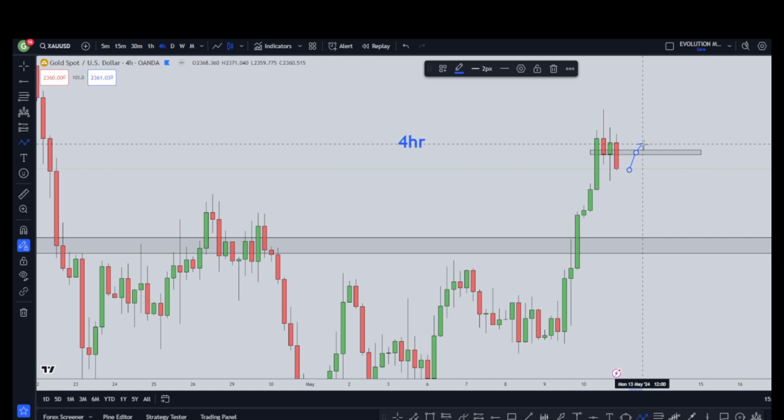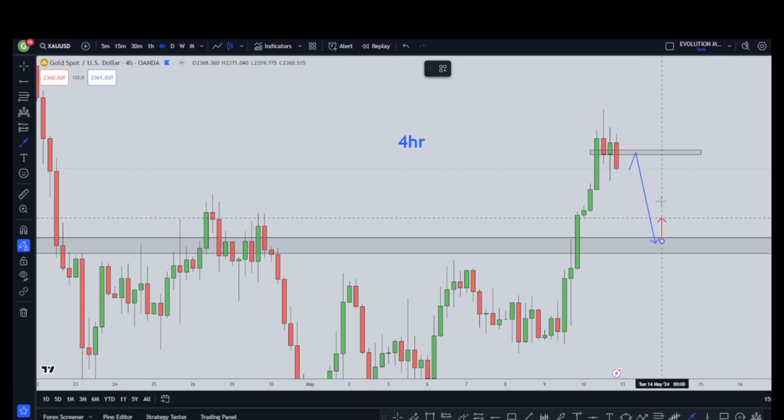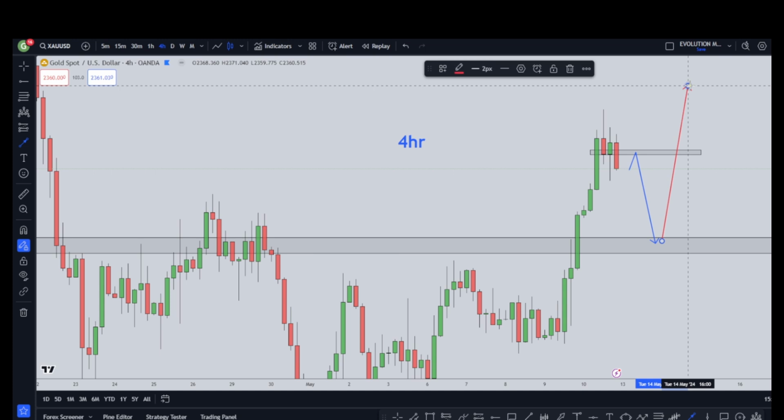And once it is held within this area, we will likely see a drop to this area before a bounce off to continue to the upside to complete the impulse correction, impulse move to the upside that we have seen currently in formation on the weekly time frame.